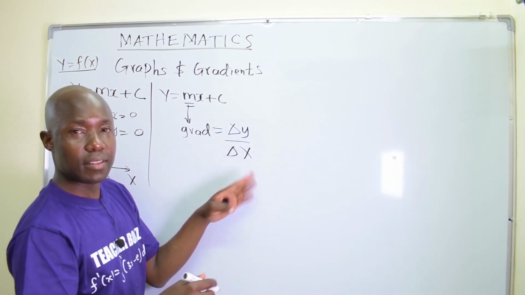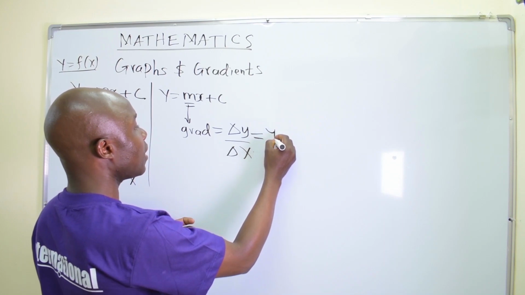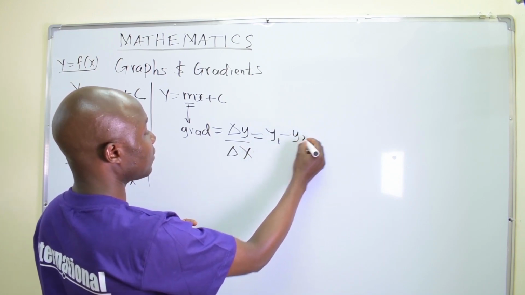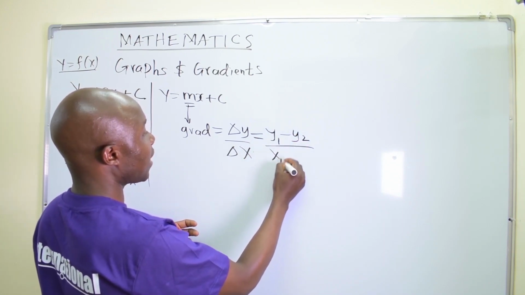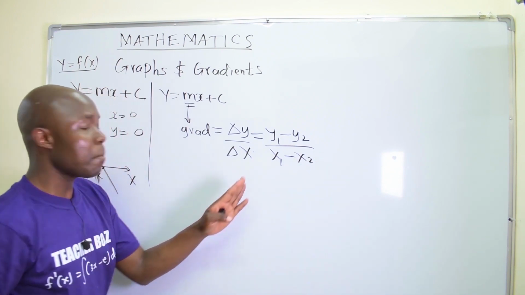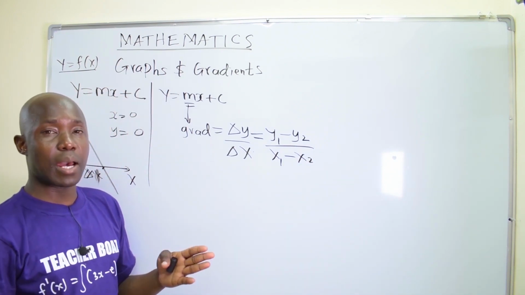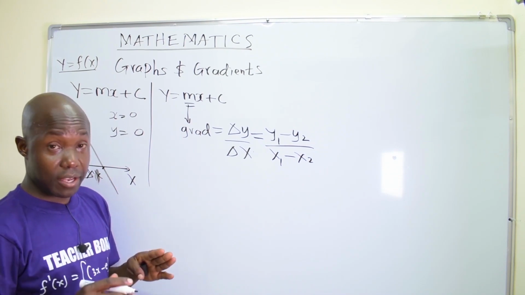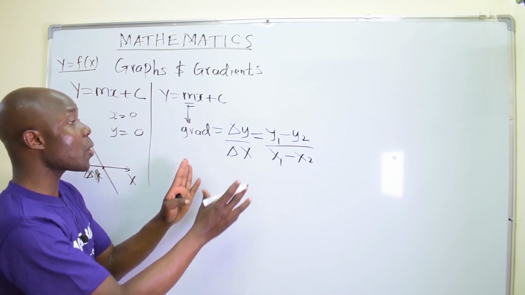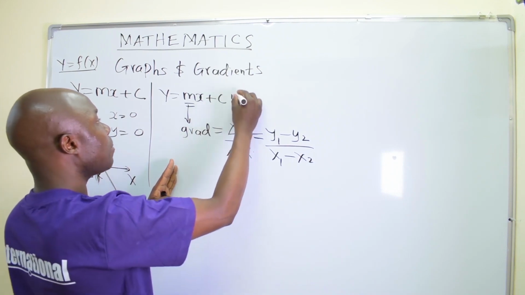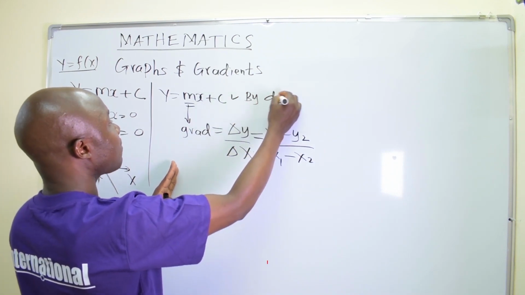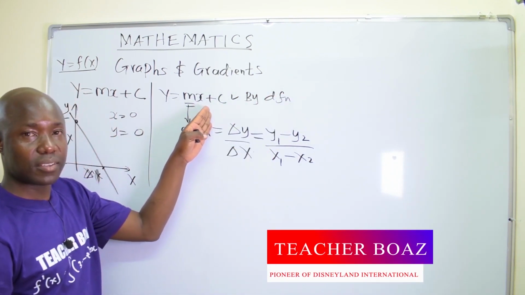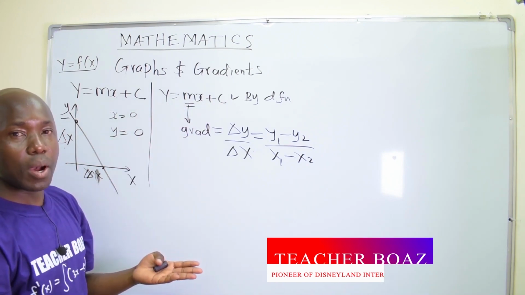So you can always write it as y1 minus y2 over x1 minus x2. Remember, in an exam, we are not interested only in the answers. In fact, if you write only the answers, you fail. You have to show every step. You begin by the definition of the particular concept. Then you show us how you go about it.